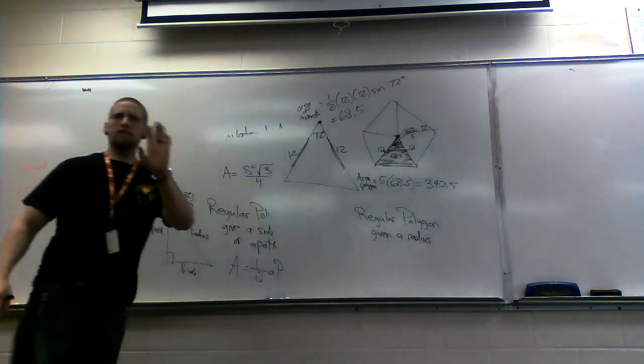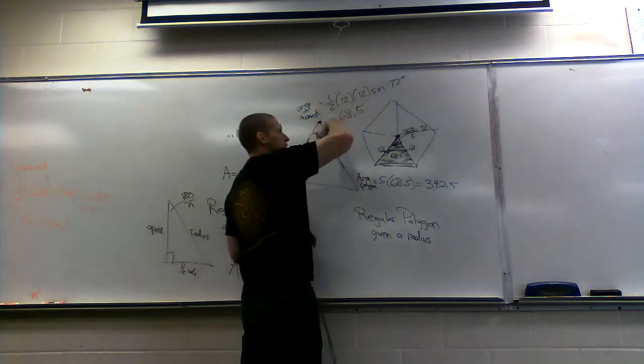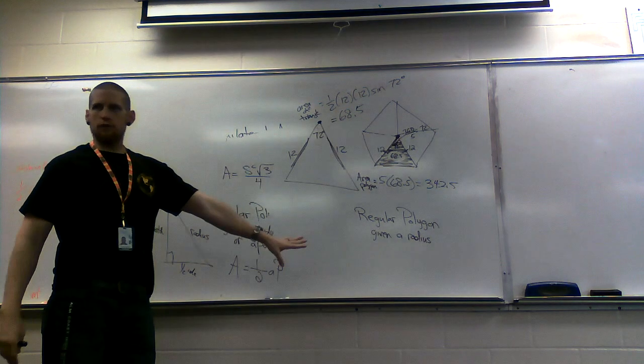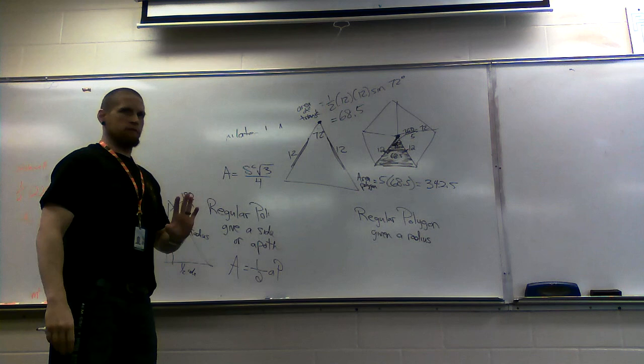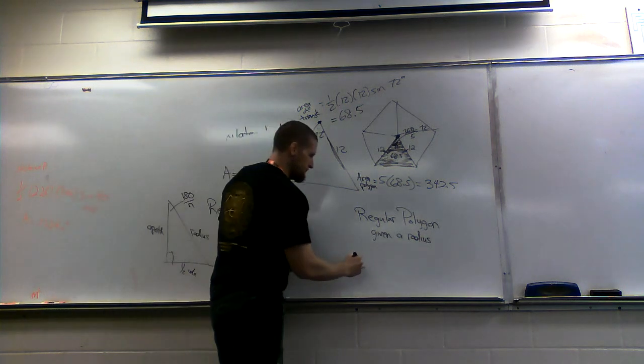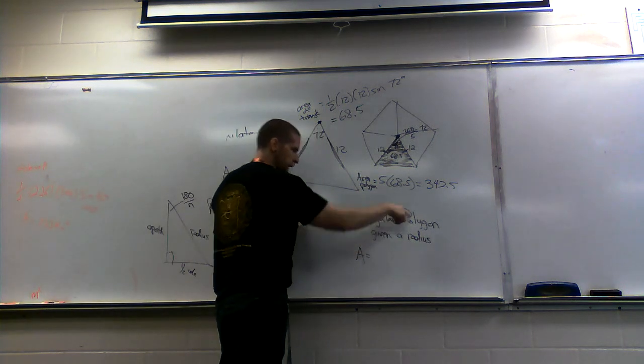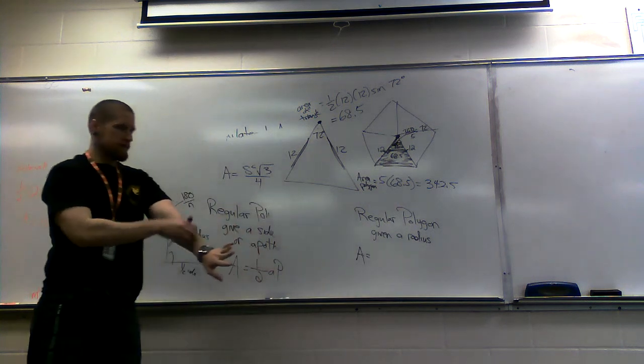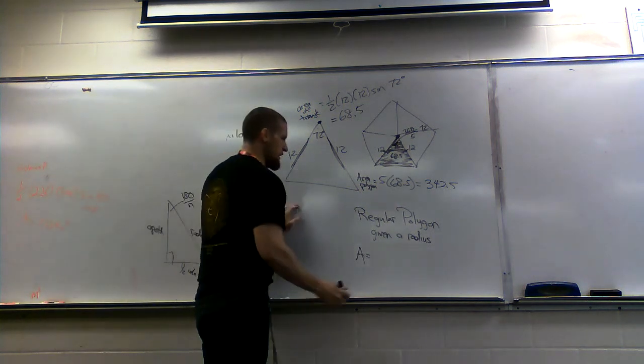Okay, now here's the thing. If I took all the stuff I did up there and put it into a formula for area of a regular polygon given a radius, here's how it would look.